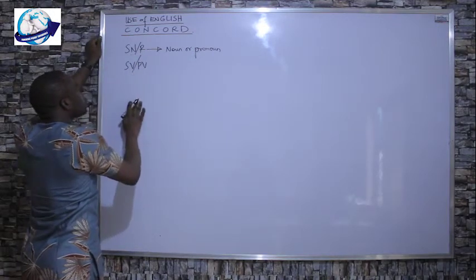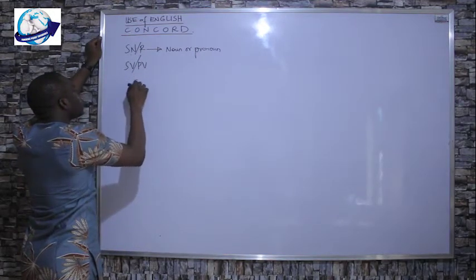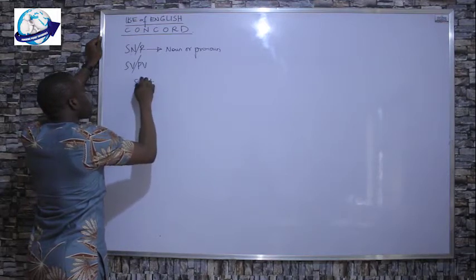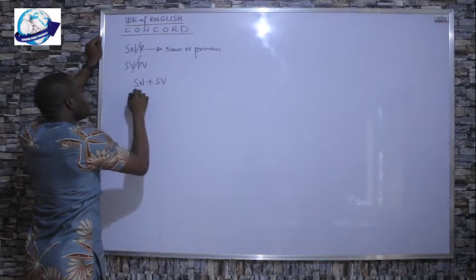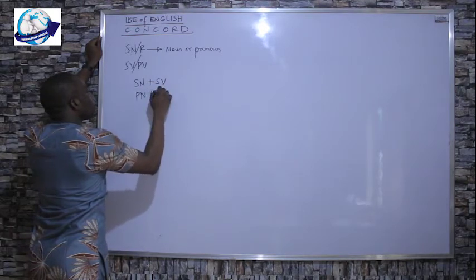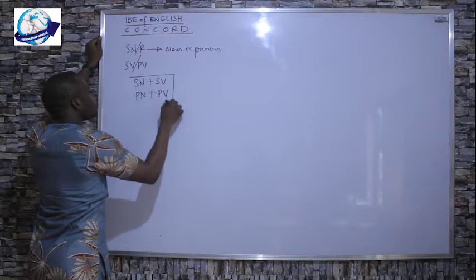Okay, so let us take it as an equation now. A singular noun plus a singular verb, then a plural noun plus a plural verb. This is what we'll be using.